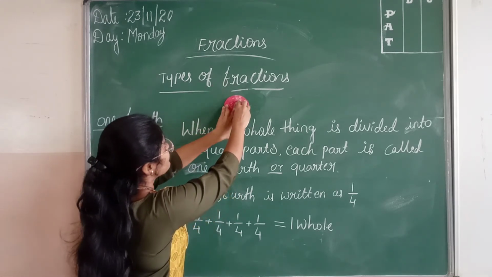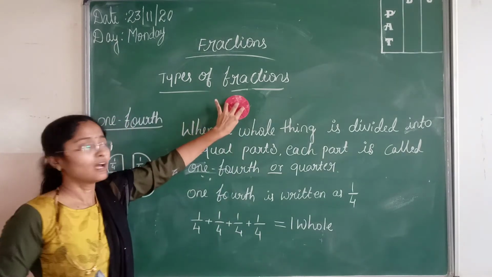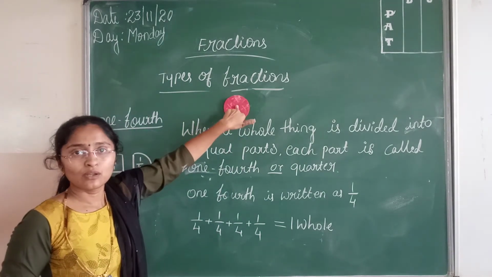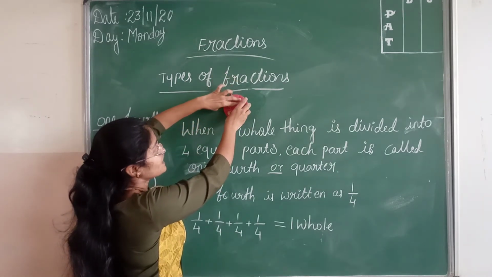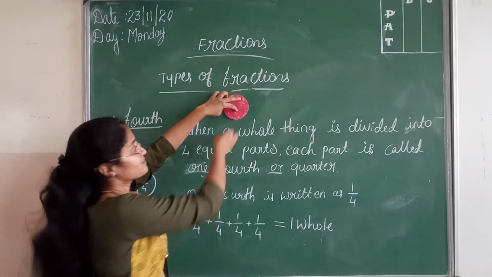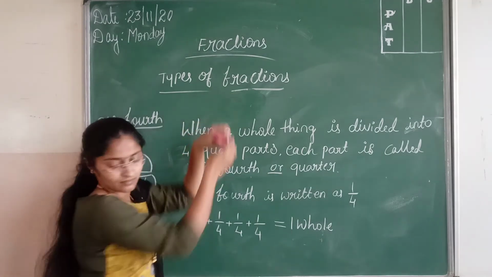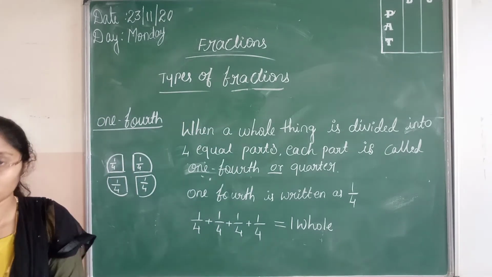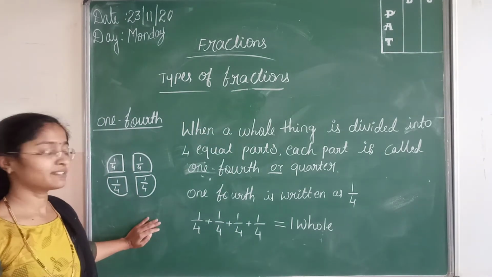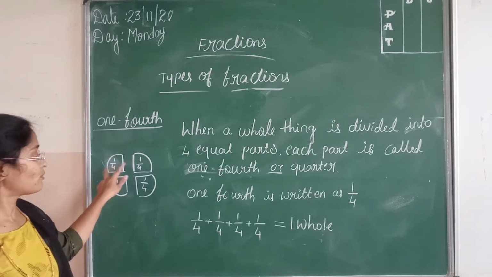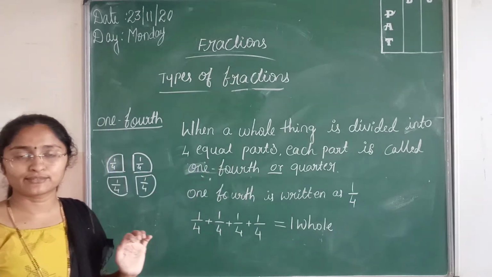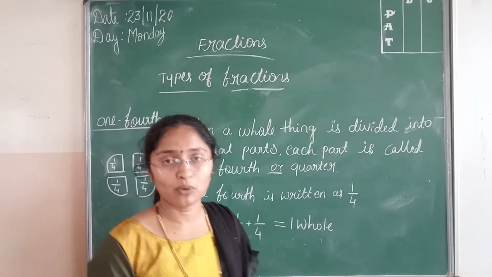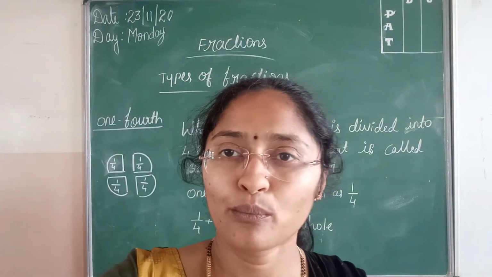So when we add all these 4, we will get 1 whole here. So this is a 1 whole. When we divide a whole into 4 equal parts, we will read it as quarter or 1/4. So when we join all those 4 pieces, we will get 1 whole.